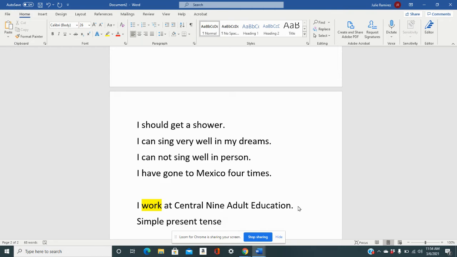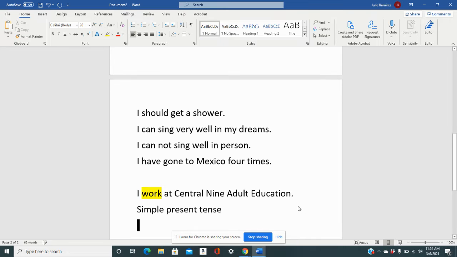The verb is in simple present tense. Simple present tense, that would mean right now, okay? Or it can be a repeating action. So when I say I work at Central 9 Adult Education, it means every day. So this is a repeated action.